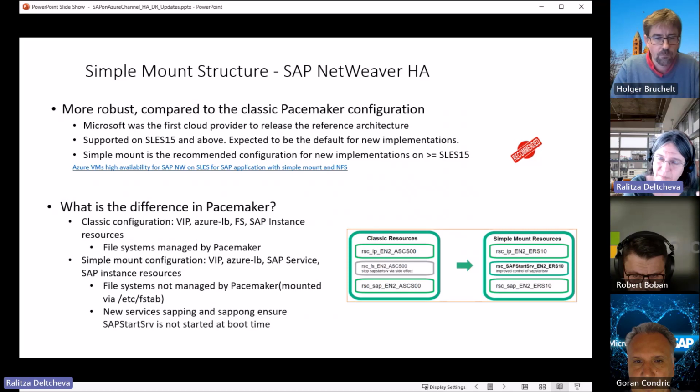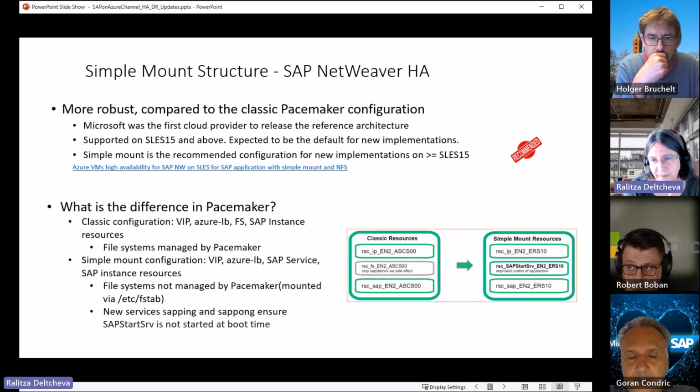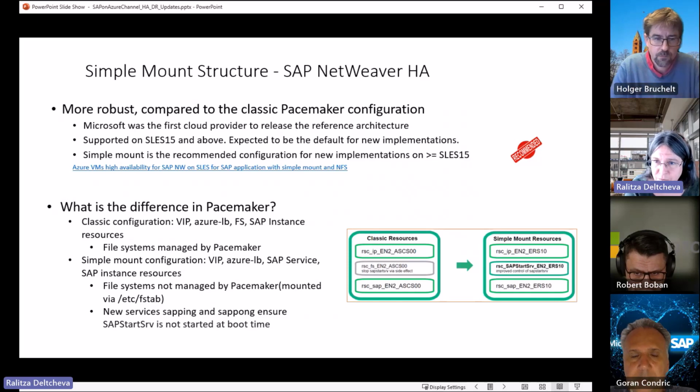When you have a pacemaker cluster for the SAP Central Services, with the classic reference architecture, the file systems were managed by the cluster. That means that the cluster was responsible for remounting the file systems for ASCS and ERS. It was responsible for monitoring.